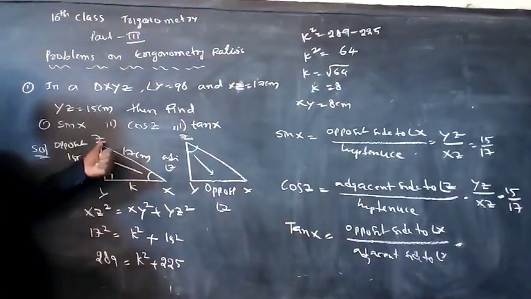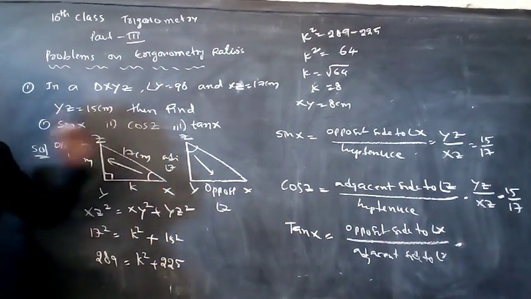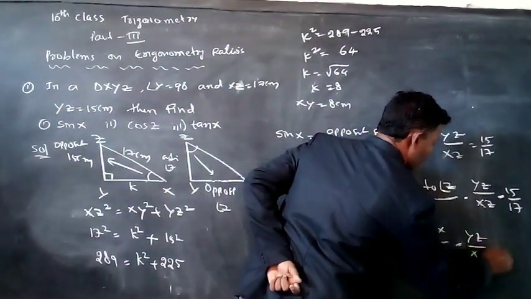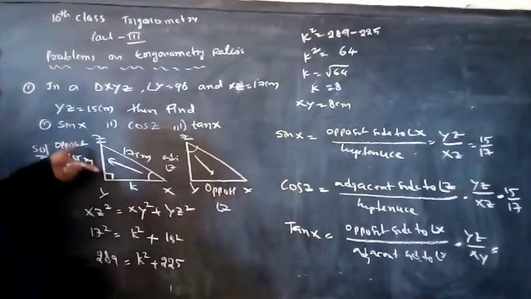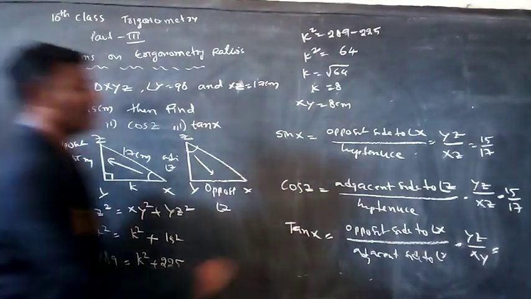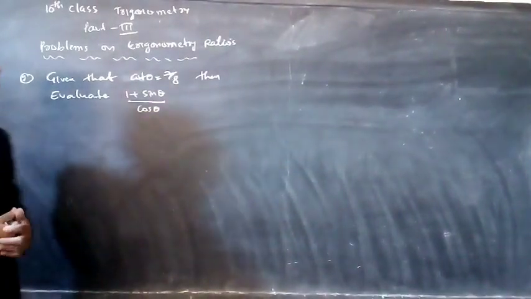In XYZ, what is the opposite side here? YZ by XY. What is the length of YZ? 15. And what is the value of k here? 8. So what can we write here? 15 by 8.